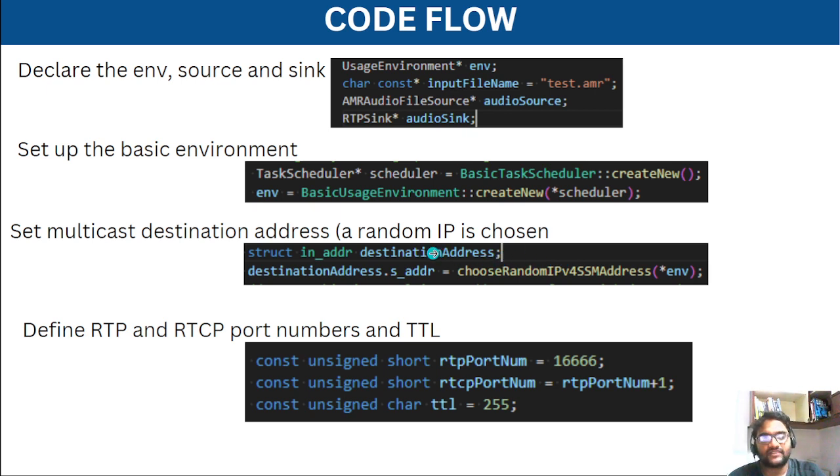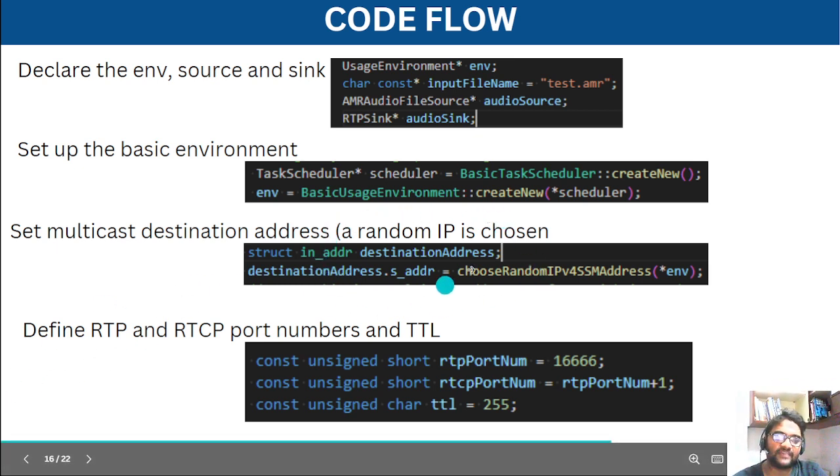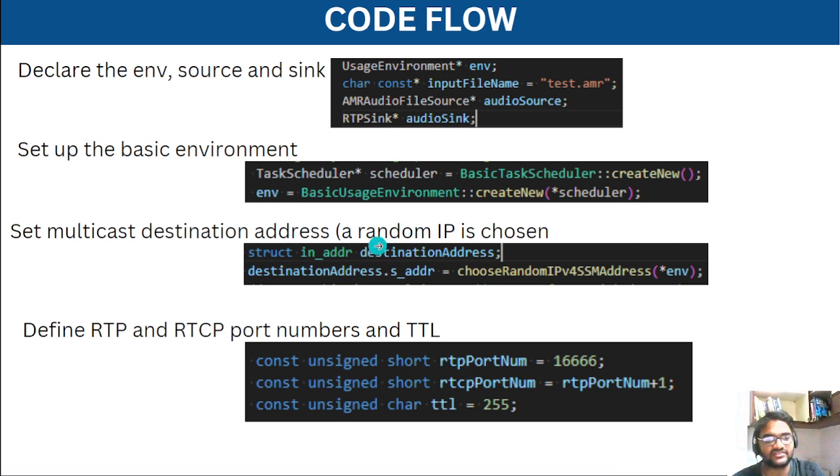Once the scheduler is ready, first we need to determine the destination address. A random IP is chosen actually, to which client or server we need to cast our stream. In other words, it is the IP of the server, and this IP is needed for the client to connect to the server.